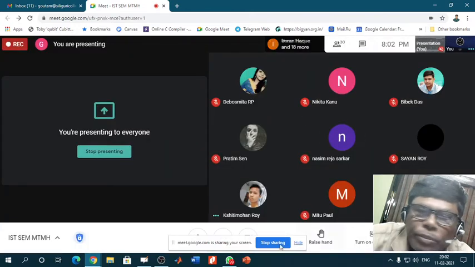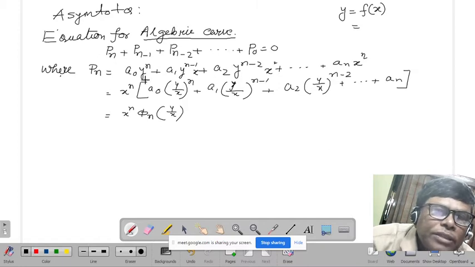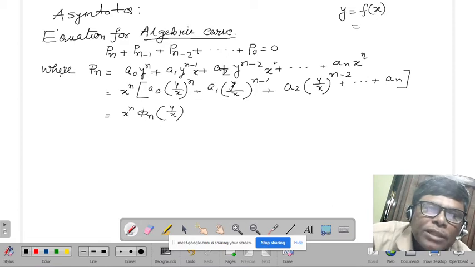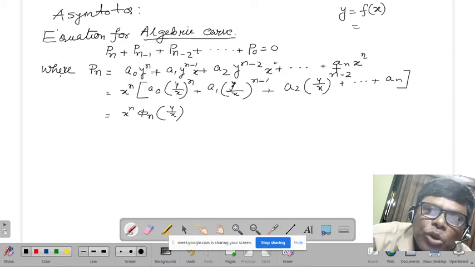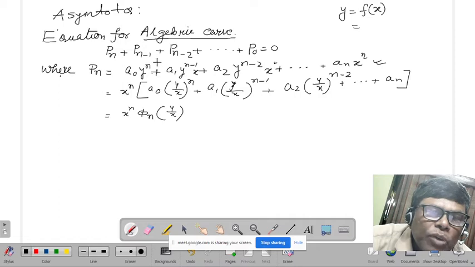Pn looks like this: a0 y to the power n plus a1 y to the power n minus 1 into x plus a2 y to the power n minus 2 into x square plus dot dot dot, this type of. Similarly you can write down Pn minus 1, so it will start from Pn minus 1 with this.